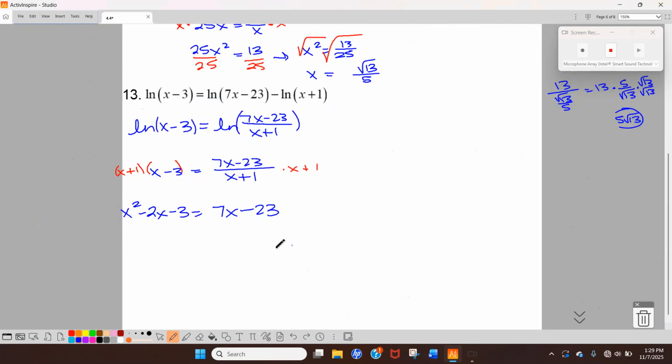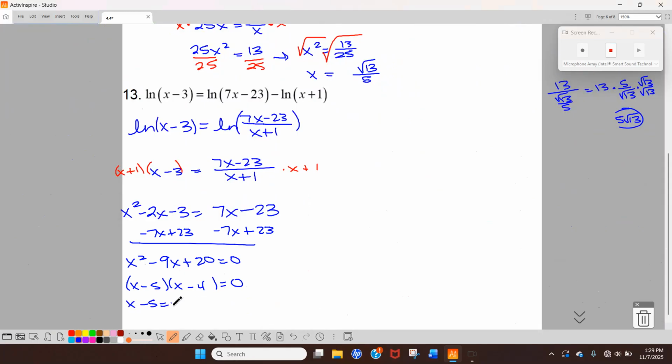All right, so then we subtract 7x and add 23. So x squared minus 9x plus 20 is equal to 0. Then again, always try to factor because generally they're not mean enough that they give you something that will not factor in the middle of a problem like this.